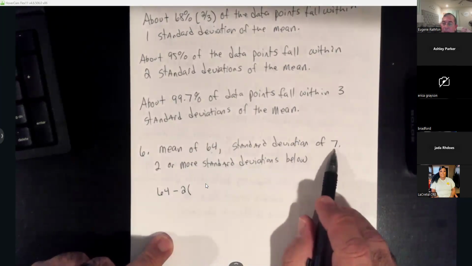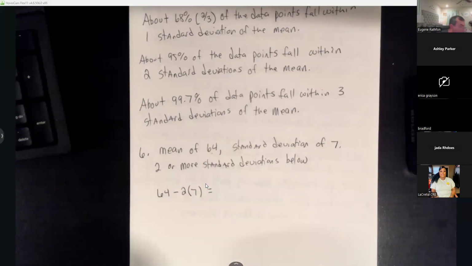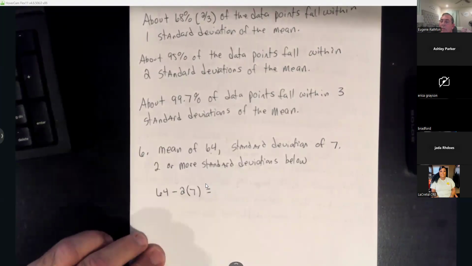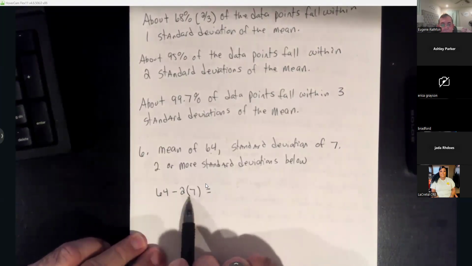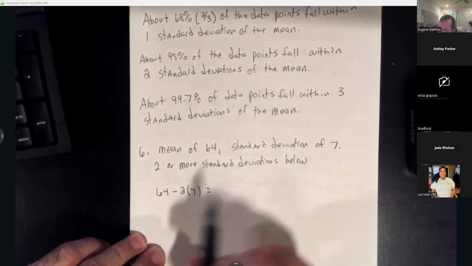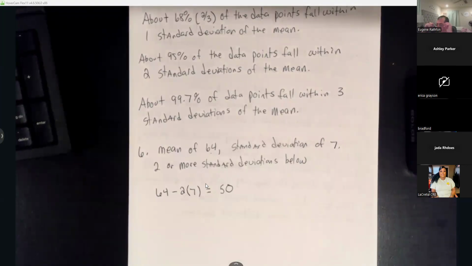Well, the standard deviations were 7. So we would figure out what this gives us for our minimum scores to be passing. So y'all, 2 times 7 is 14. 64 minus 14 gives us 50.